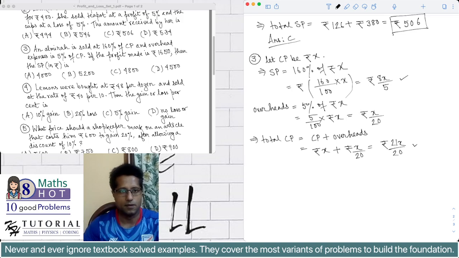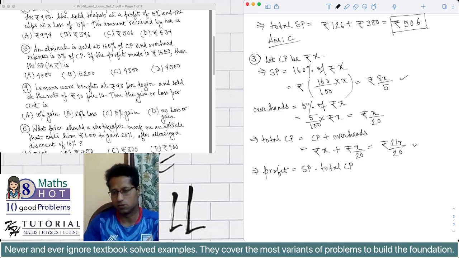Now it is given that the profit made is rupees 1650, so definitely the selling price must be greater. This implies the profit is equal to selling price minus the total cost price, the effective cost price, which is the actual cost price of the article or the Almira plus the overheads.